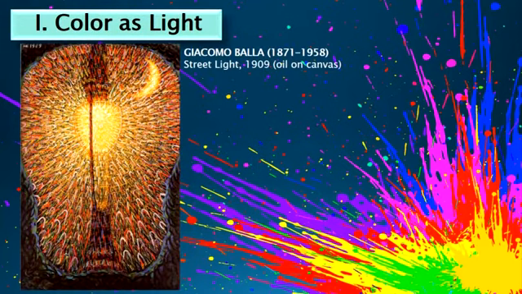First, we will discuss color as light. Color is the sensation that is stimulated in our brain by different wavelengths of light. One wavelength will stimulate our perception of red, another orange, another yellow, and so on through all the colors of the spectrum.